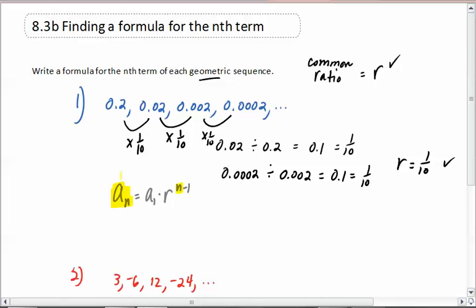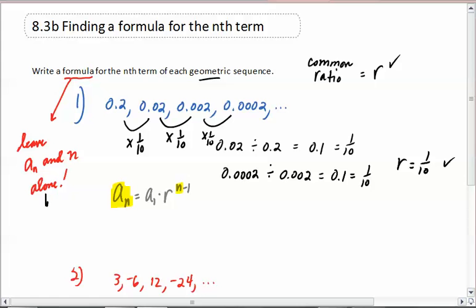When you're asked to write a formula, you're going to leave a sub n and n alone in the final formula, unless you need to use them temporarily to come up with the a sub 1. But basically, you're going to plug in numbers for every position except the a sub n and the n.